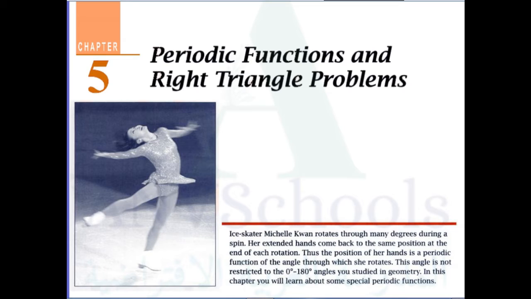So look at her hands. They extend and then they come back to the same position at each rotation. So this is actually giving us a periodic function, because it goes from one point to another and then comes back to the origin, to where it came from.